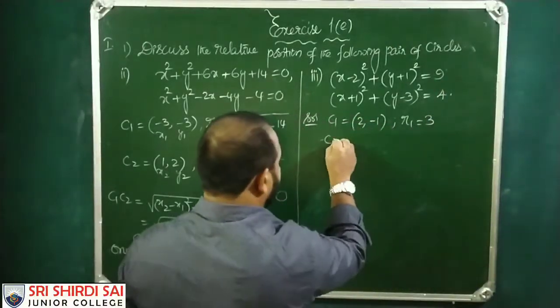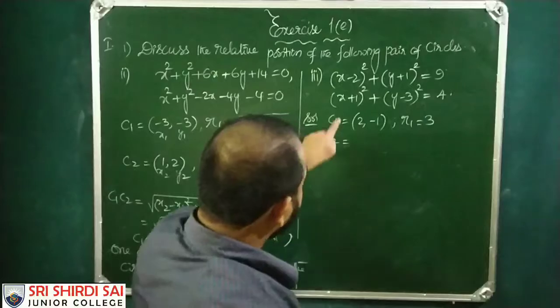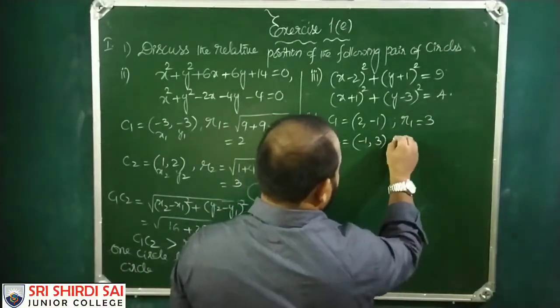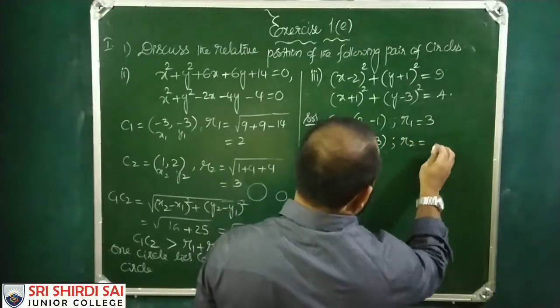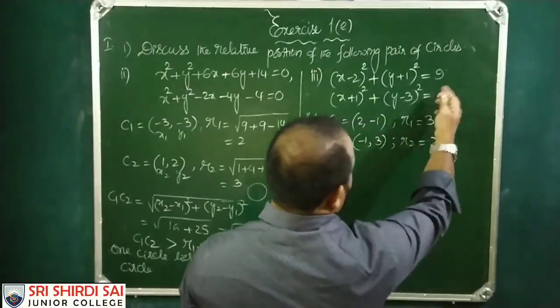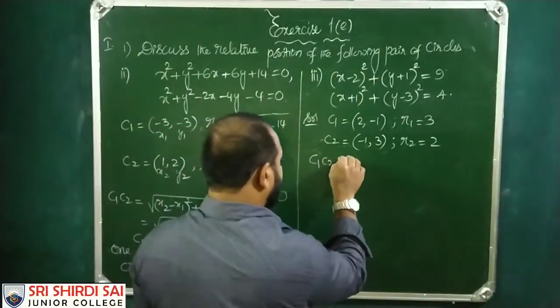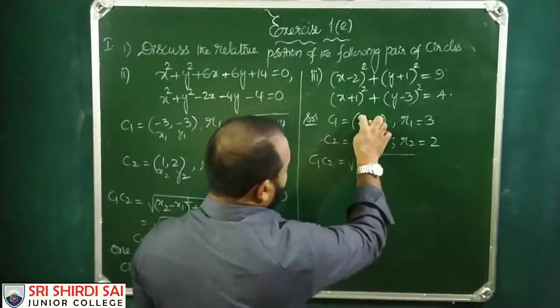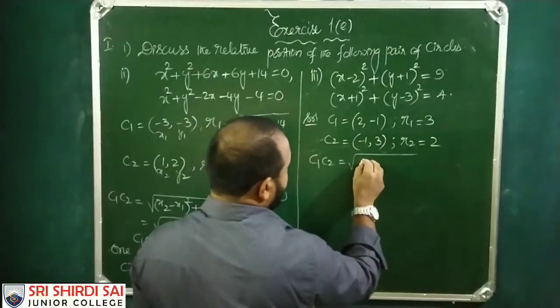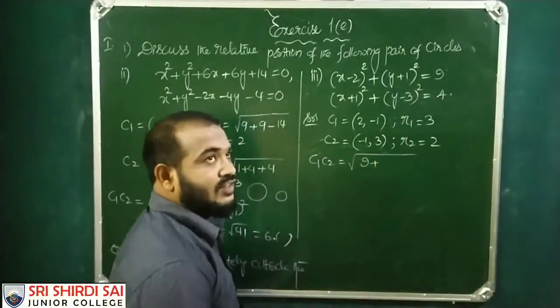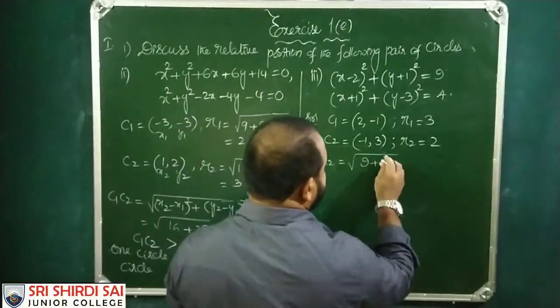And C2 is (minus 1, 3). R2 is 2, since 4 is 2 square. And now C1C2 is square root of (2 minus of minus 1) whole square, 3 square, 9, plus (minus 1 minus 3) whole square, minus 4 whole square, that is 16.